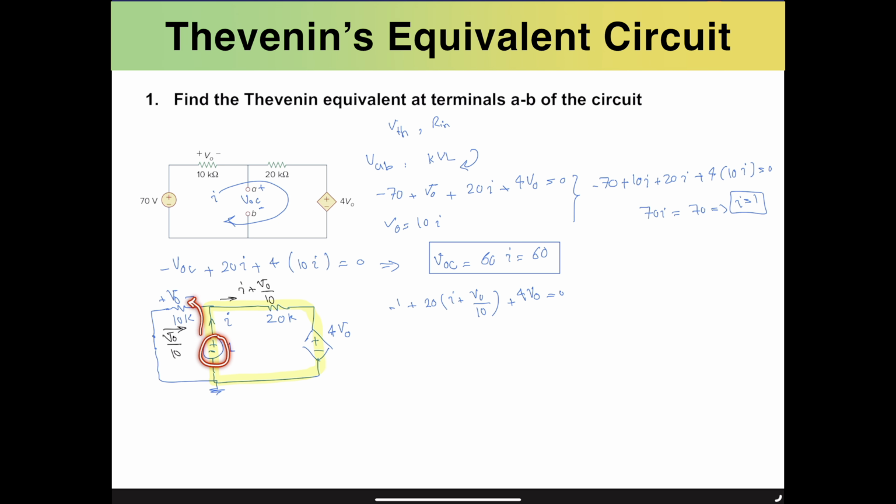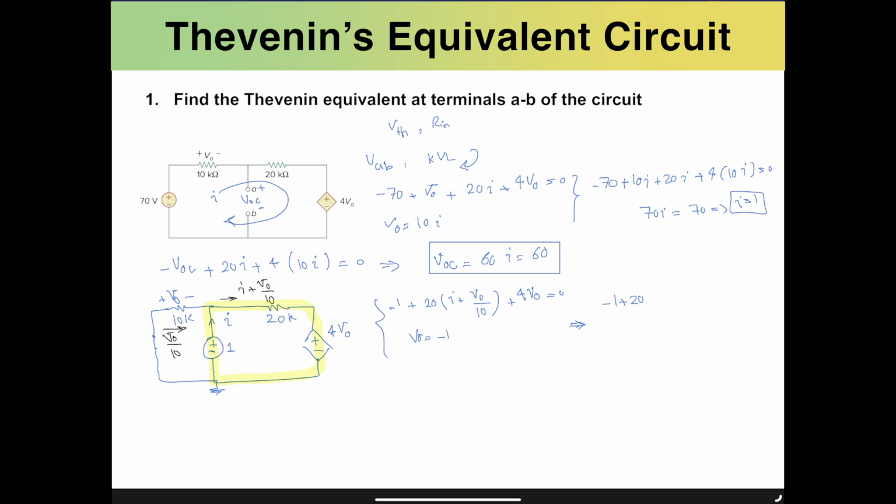So essentially, 1 volt equals minus VO. That would be the second equation, VO equals minus 1. So we can now resolve this by solving for I in the first equation.